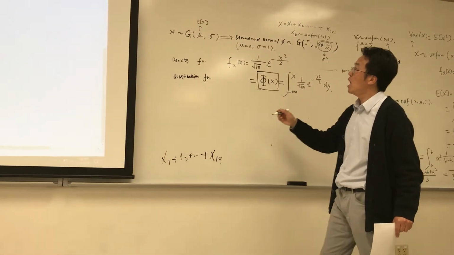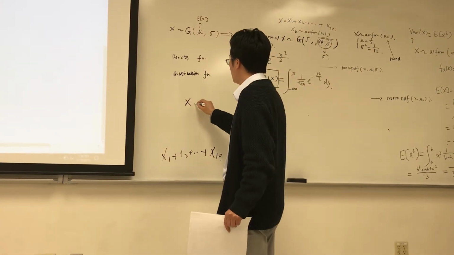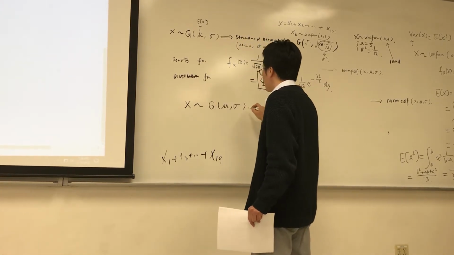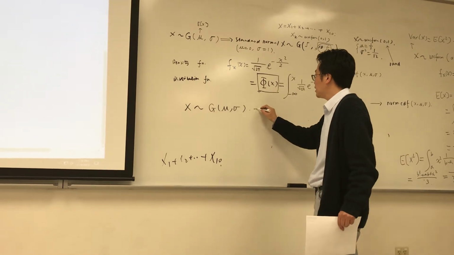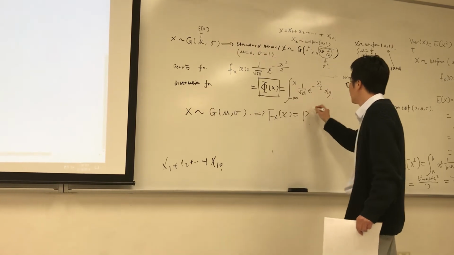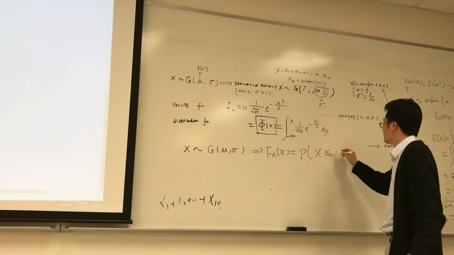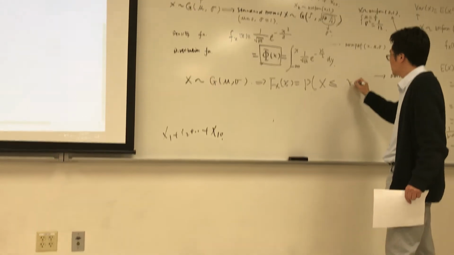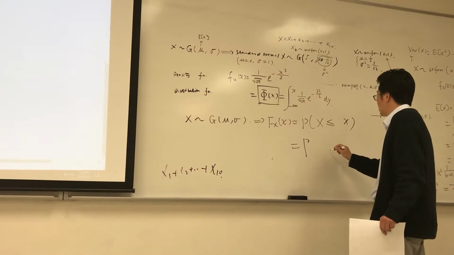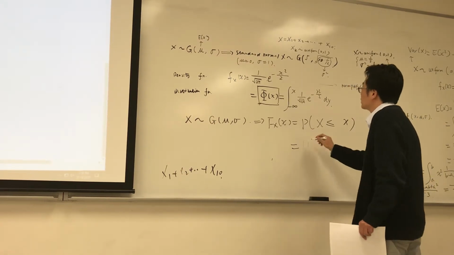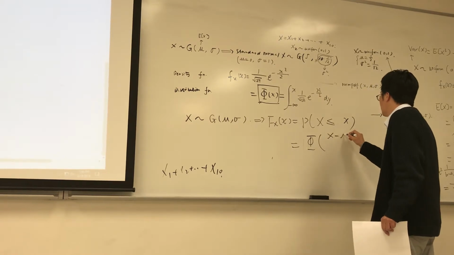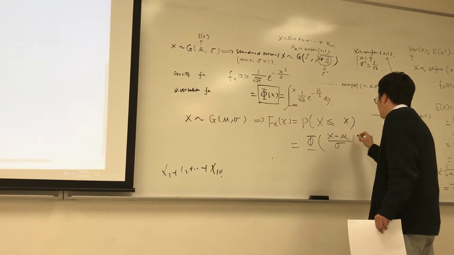Because whenever you have a random variable that follows this general Gauss distribution, the probability, the function value here, will be the same as this one, the function value at x minus mu over sigma.